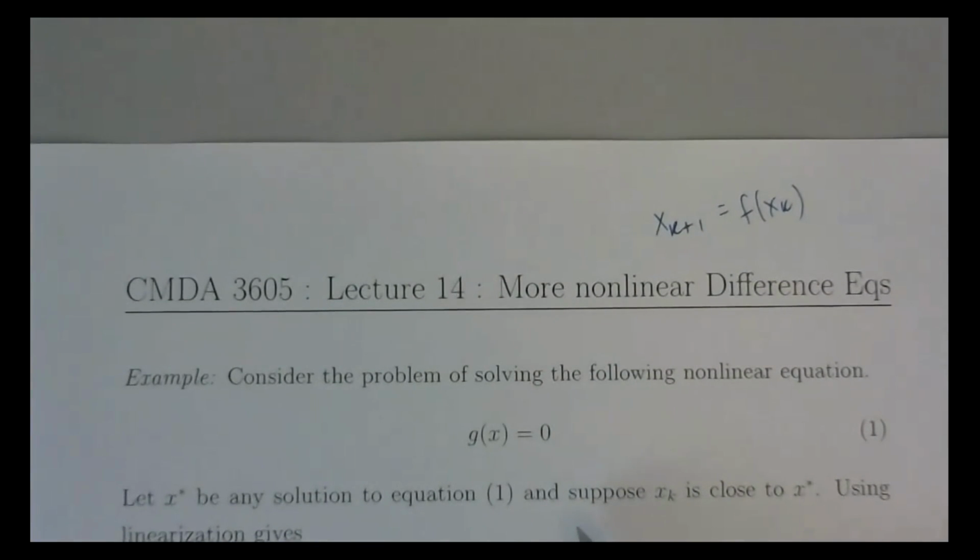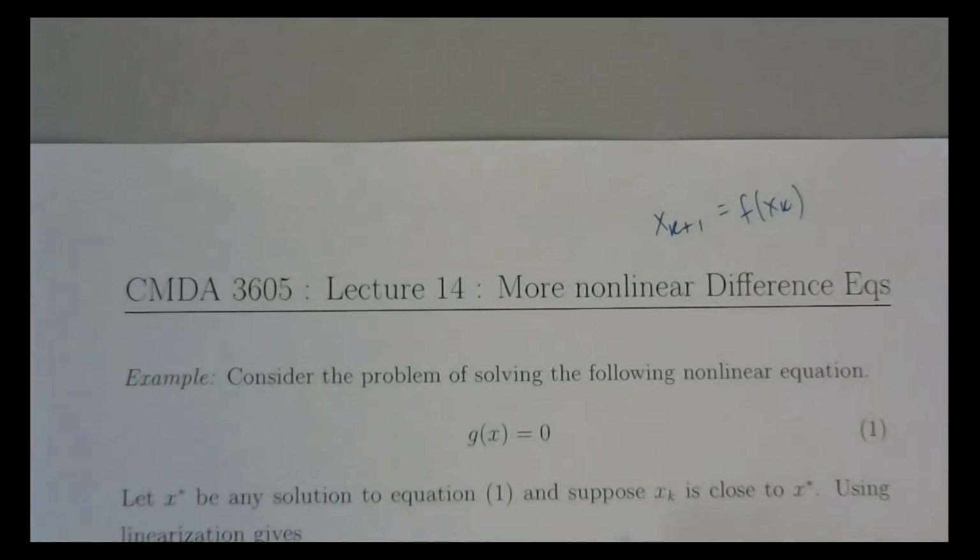Let's say we're looking for x star, which is a solution. We said solving algebraic expressions is much easier than solving differential equations, and so that's why we like finding equilibria in nonlinear systems in particular, but it can still be kind of hard. And so let's talk about ways that we can do this in approximation or numerically.